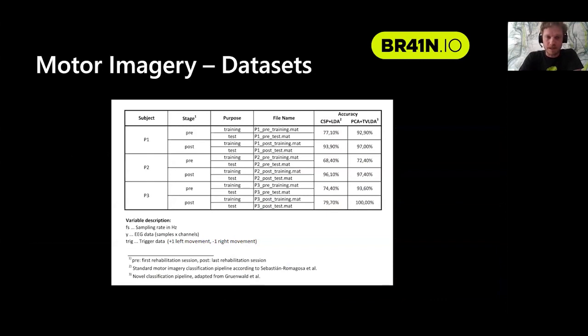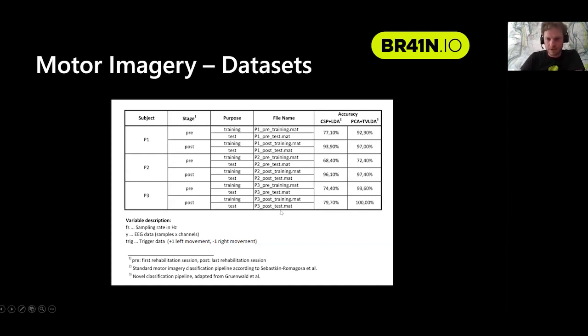So we have data sets from the beginning of the therapy, that's the pre-stage, and a data set from after, or one of the last sessions of the therapy, which is the post stage. For each patient and each stage, we have a training and a test data set. Training means, of course, this is when the classifier is trained, and the test is the data set when the BCI is providing feedback based on the training data.